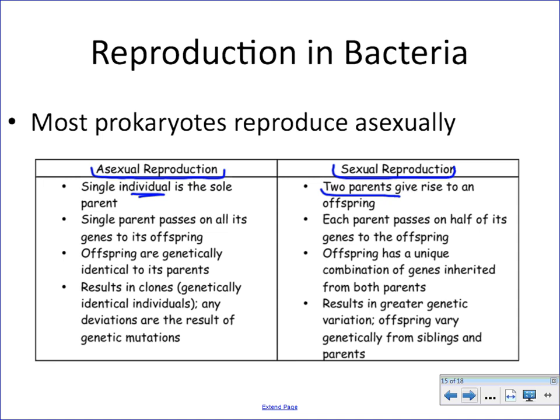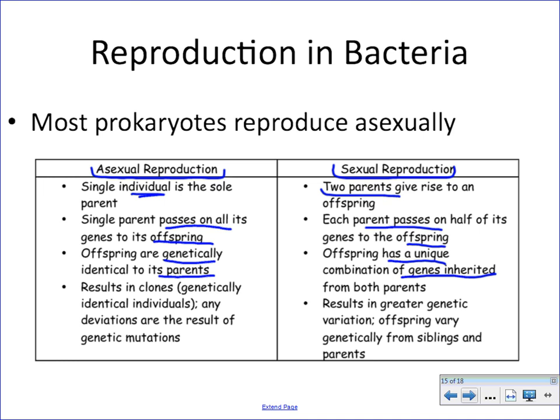In asexual reproduction, the single parent will pass all of its genes to an offspring, whereas in sexual reproduction, each parent passes half of its genes to the offspring. In asexual reproduction, the offspring are genetically identical to the parent. In sexual reproduction, the offspring will have a unique combination of genes inherited from both parents.